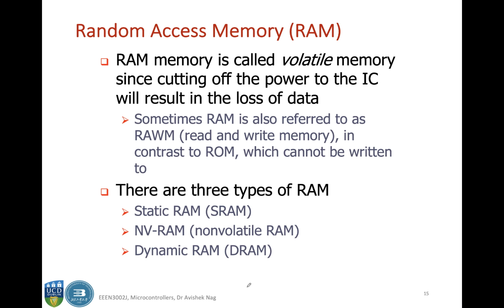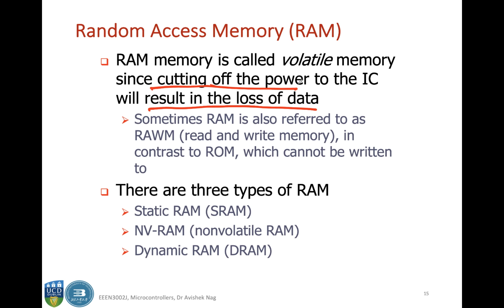The RAM is called volatile because after power is cut off to the IC, that is, if the supply voltage is switched off, it will result in the loss of data. Whatever is the content of the RAM will be erased automatically with cutting off the power.